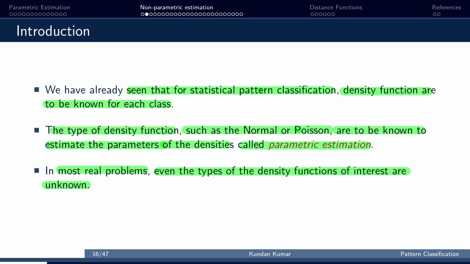So in the parametric estimation technique, we assume that the parametric form of the density functions were known, however the parameters were unknown. But in this case, it may be possible that we don't have any information about the density function.